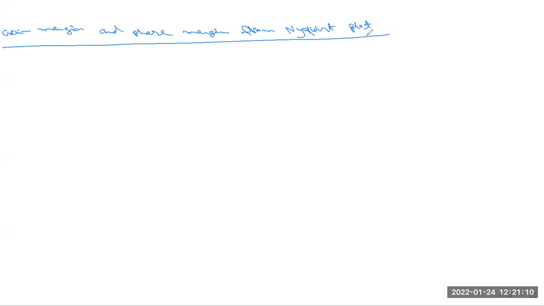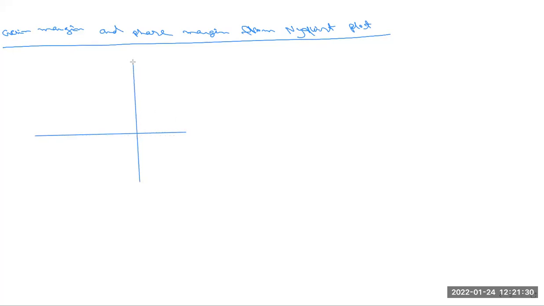Gain margin and phase margin from the Nyquist plot. So we have learned in our previous three diagrams: one is stable, marginally stable, and unstable format. So in that case, we have to also draw one figure. This is the real axis.